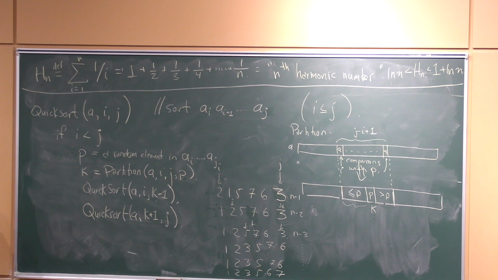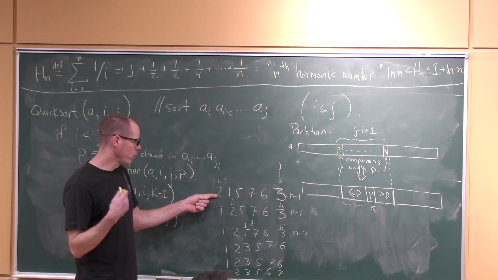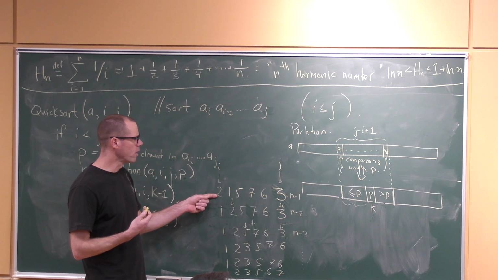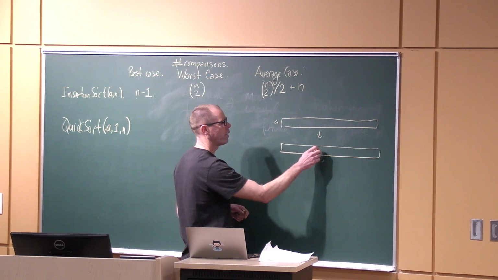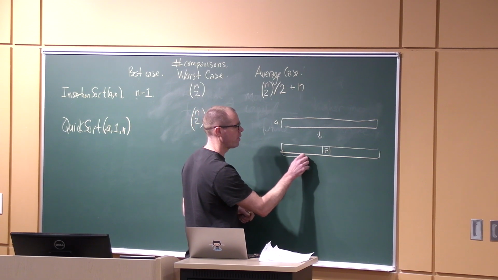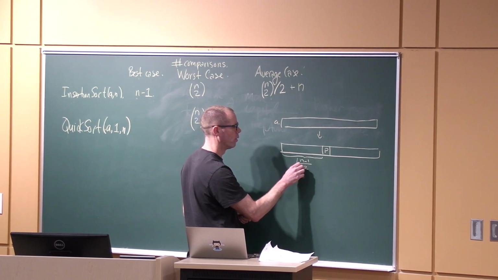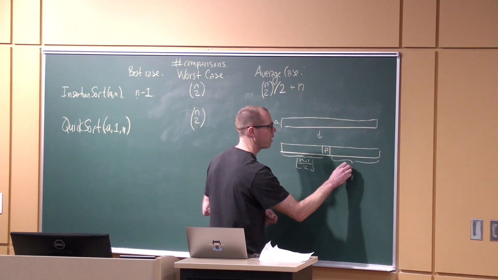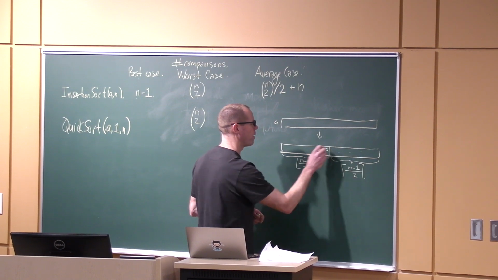So something we might hope for is, maybe we get really lucky, and every time we pick the value whose rank is in the middle, that's called the median value, and we end up with p there, and you get something like n minus 1 over 2 on this side, and n minus 1 over 2 on this side.